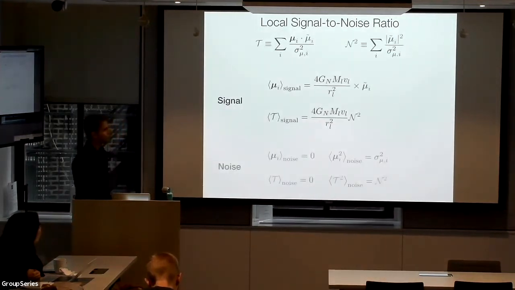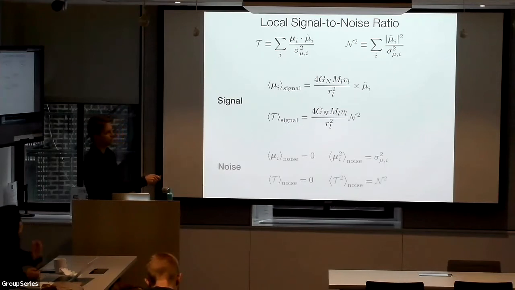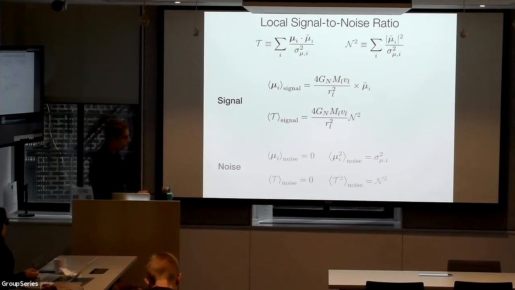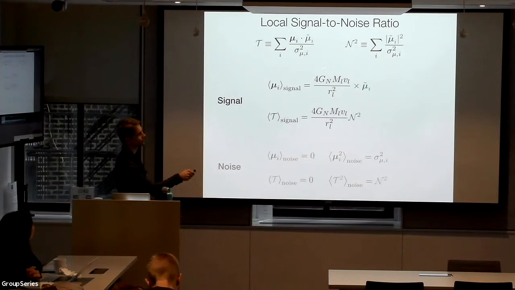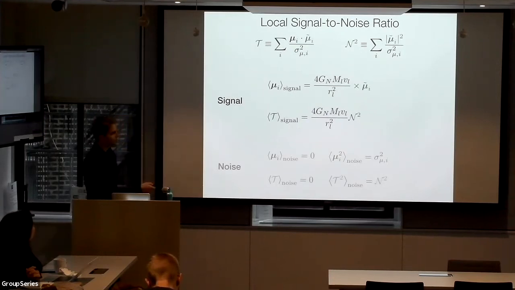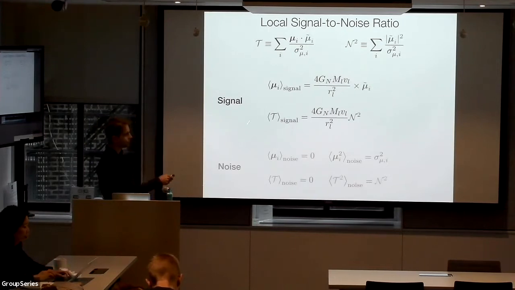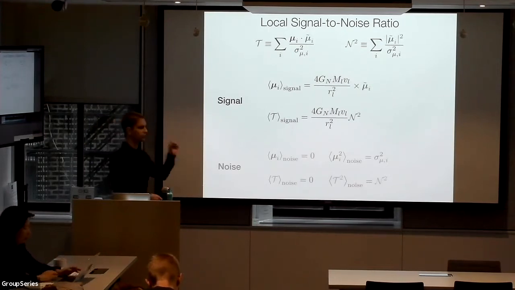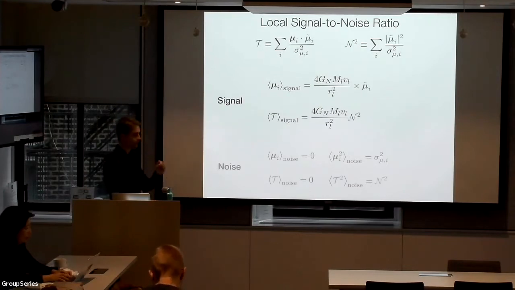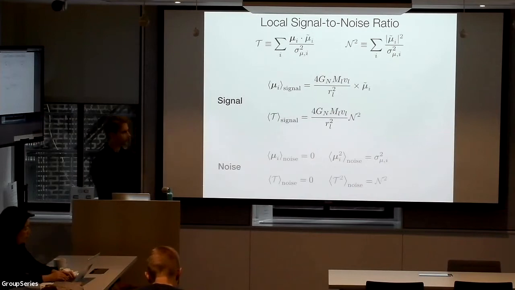Okay, and so let's do some estimates of what the signal would look like. The proper motion for a signal is just a template by construction times this quantity here, the lens mass and the lens velocity over the radius squared. So if you then compute the test statistic for a signal, assuming you've put the template in precisely the right spot with precisely the right size and direction, it is this quantity here, 4 times the same prefactor times this normalization factor n squared.